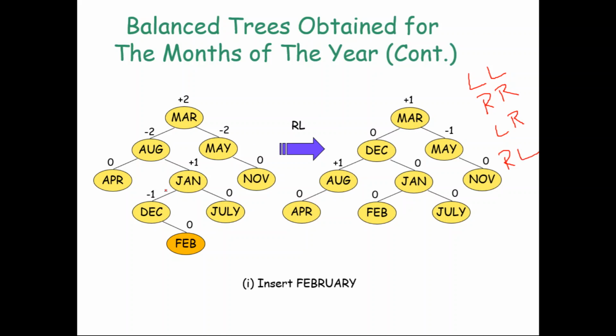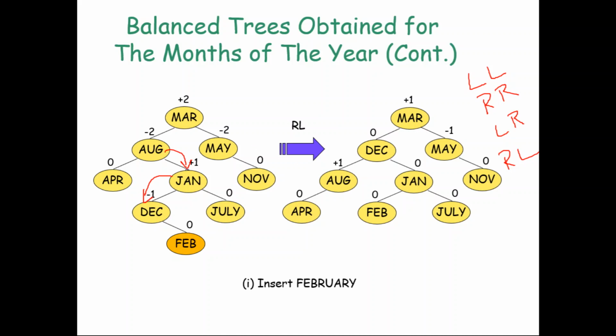If you see Feb, F is greater than A, so it goes to the right of August, which is Jan. But again, F is less than Jan, so you have to go to the left. We are not searching, we are trying to identify what type of rotation to be done.